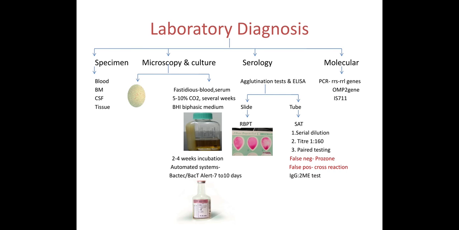A very important, popular and good tube agglutination test called the standard agglutination test or SAT is available for brucellosis. This is similar to the Vidal test done in typhoid fever, wherein a serial dilution of the patient's serum is made, to which a constant or known proportion of brucellar antigen is added.